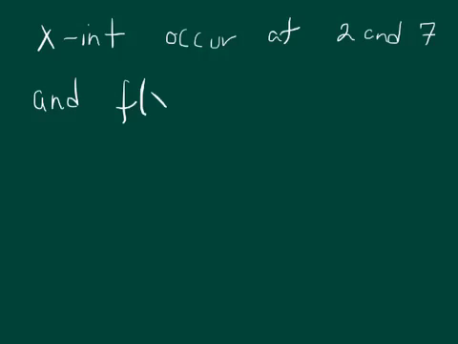And f of x contains, let's see, the point (4, 11). Okay? So this is what we're given. We have the x-intercepts that occur at 2 and 7, and f of x contains the following point.